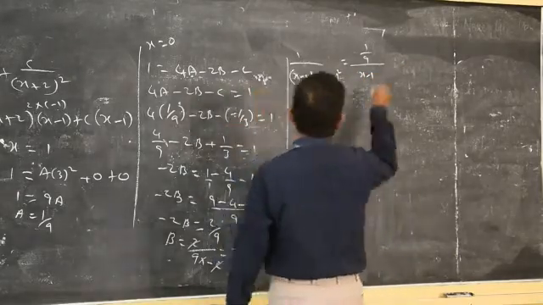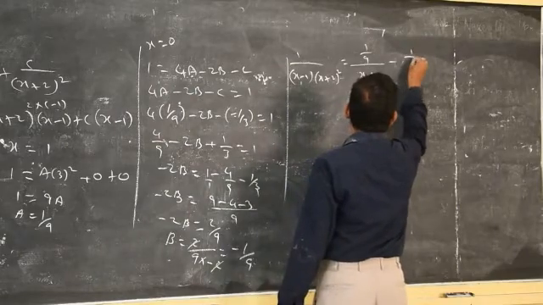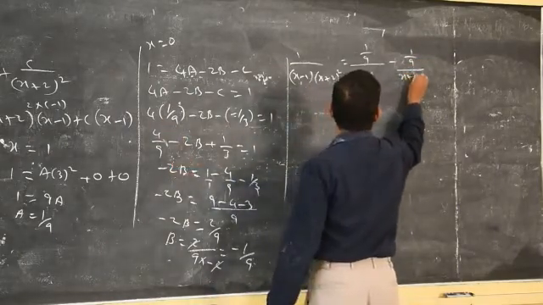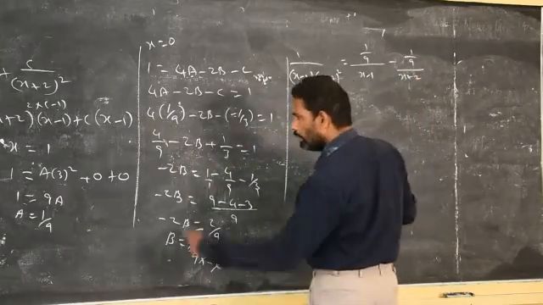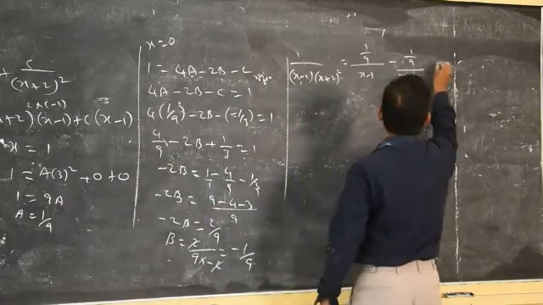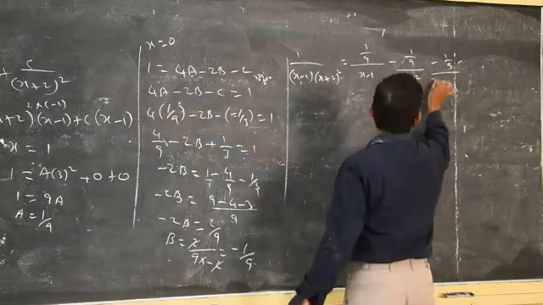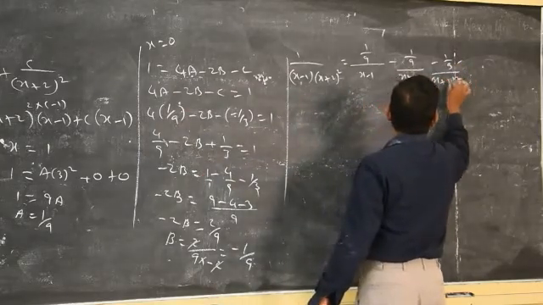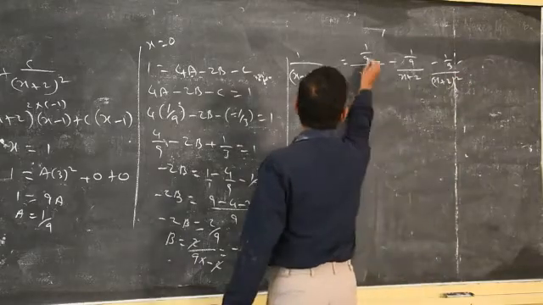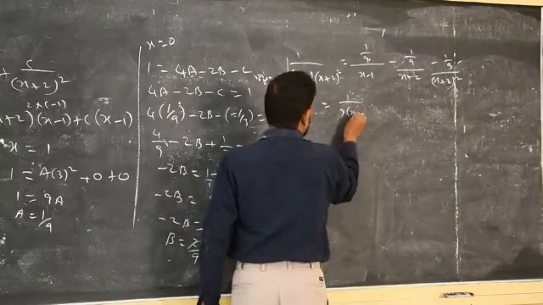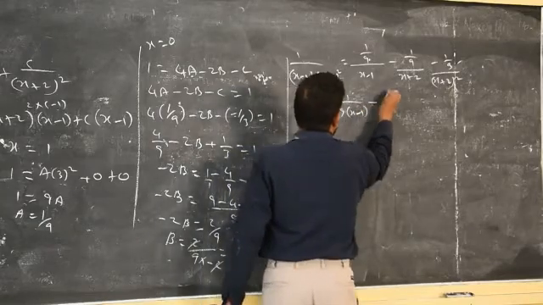Minus 1 by 9. So plus into minus, minus 1 by 9 over x plus 2. Then what is your c? Minus 1 by 3. So minus 1 by 3 over x plus 2 the whole square. You can bring the numerator down to the denominator of the fractions.